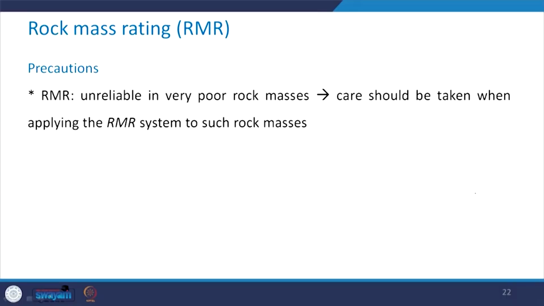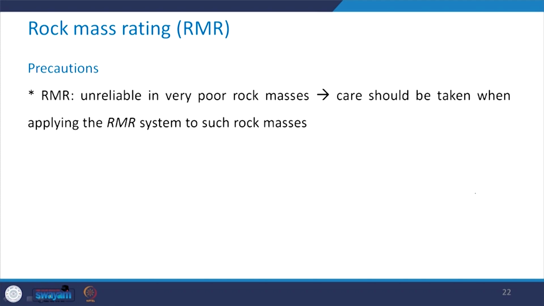RMR is unreliable in very poor rock masses, and therefore, when we apply the RMR system to such very poor rock masses, we should be careful.